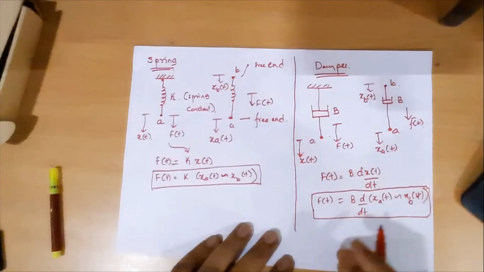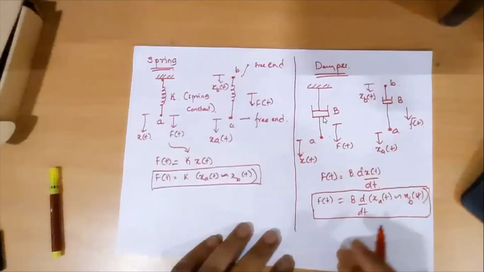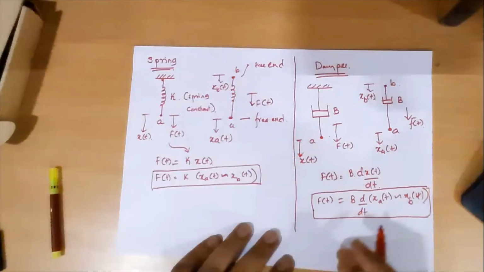And the other equation for spring, f of t equals k into the relative displacement xa difference xb of t, and put a hyphen and mention when both ends are free. Similarly, for the damper, write down the final equation. Please write the symbol also, it's better. Then for the damper, f of t equal to b into dx by dt, again with the relative displacement xa difference xb.